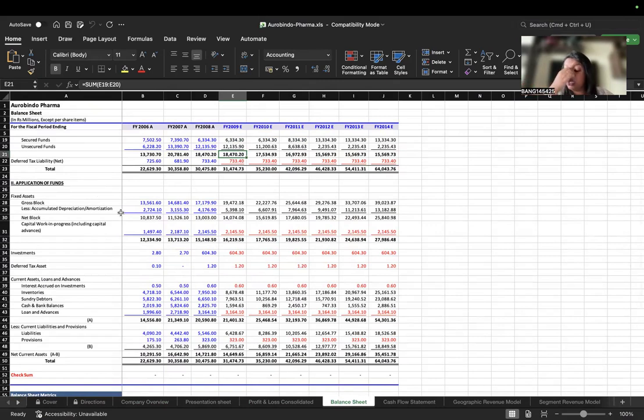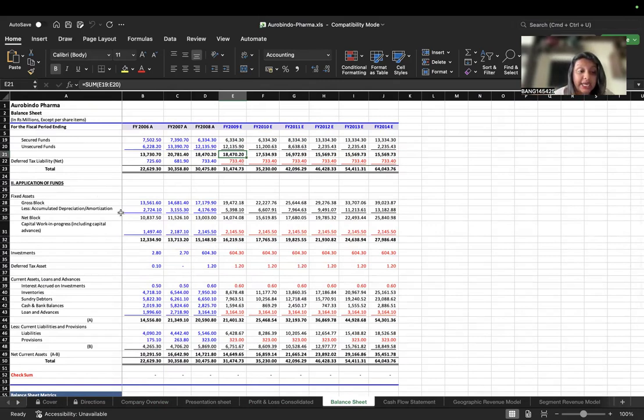The net block of fixed assets grows from rupees 14,074 million to rupees 25,841 million. This is tangible evidence of capex. We will see in the cash flow statement the investment in factories, machinery, and land to support the massive revenue growth.